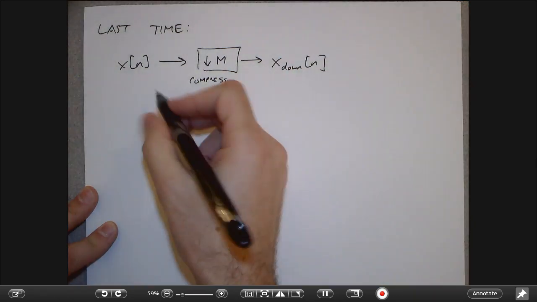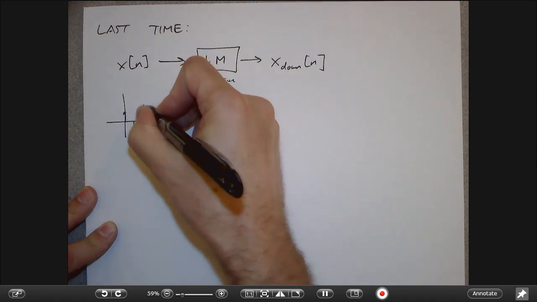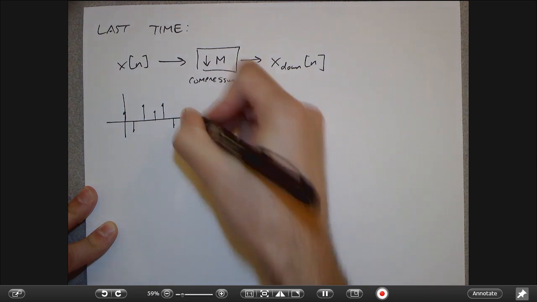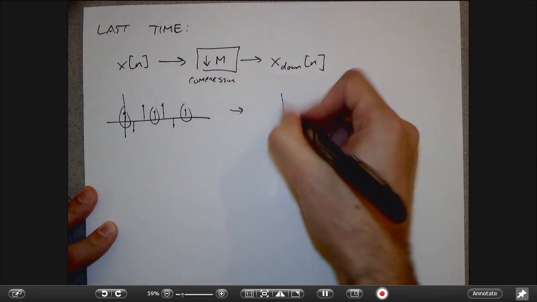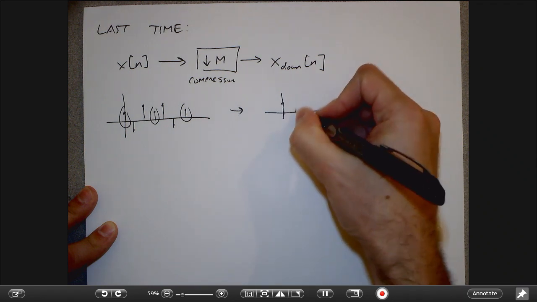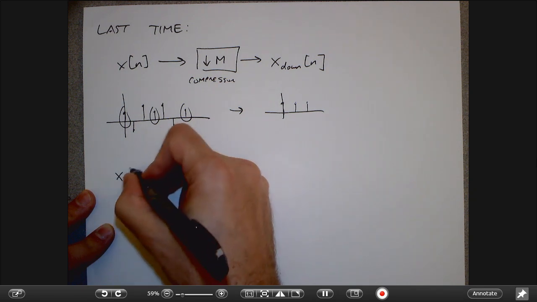Just remembering what that means, it's like saying if I have some signal, I take every Mth sample. And then we had a similar operation called an expander.